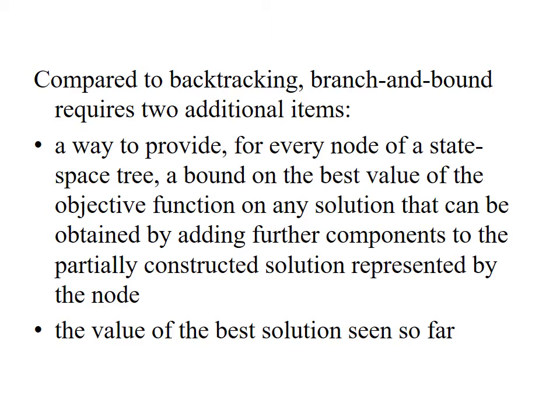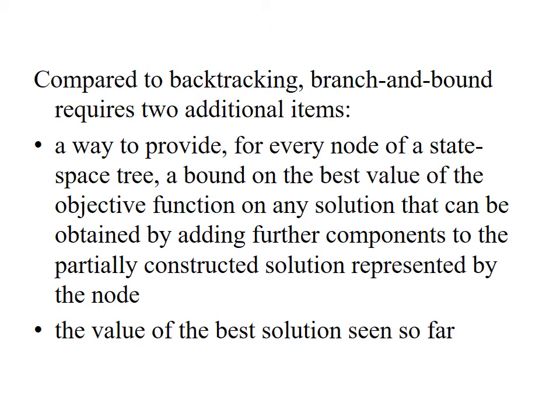As with the backtracking method, branch and bound also uses the state space tree to derive the solution for a given optimization problem. But we need two things additionally compared to the backtracking method. First one is we need to calculate a bound function on each component. This bound function represents the bound on the best value of the objective function on any solution that can be obtained by adding further components to the partially constructed solution represented by the node.